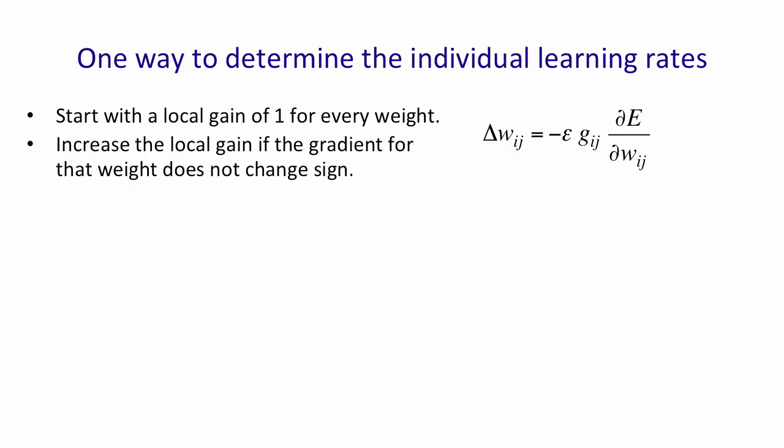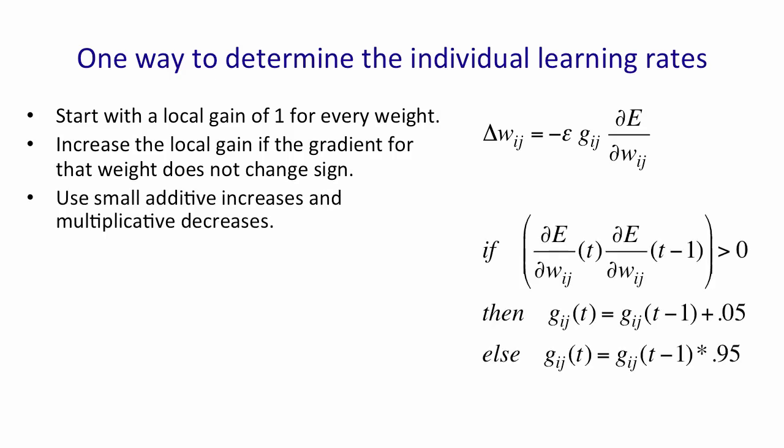We're going to increase g_ij if the gradient for the weight does not change sign. And we're going to use small additive increases and multiplicative decreases. So if the gradient for the weight at time t has the same sign as the gradient for the weight at time t minus 1, where t refers to weight updates, then when you take their product, it'll be positive, because you either get two negative gradients or two positive gradients.